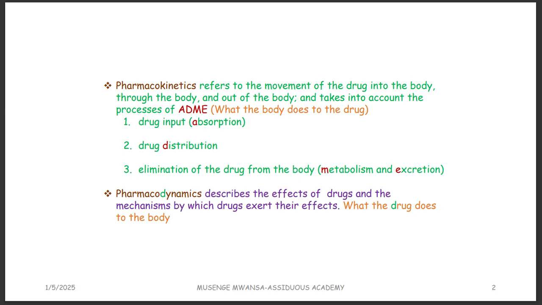And then from blood, it has to go to the rest of the body, that is distribution. Some of it goes to the liver to undergo metabolism, to be activated or deactivated, and then E is elimination. Now that the drug has done the work, it has to be removed from the body.